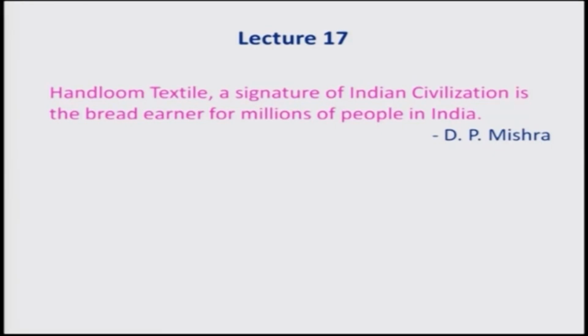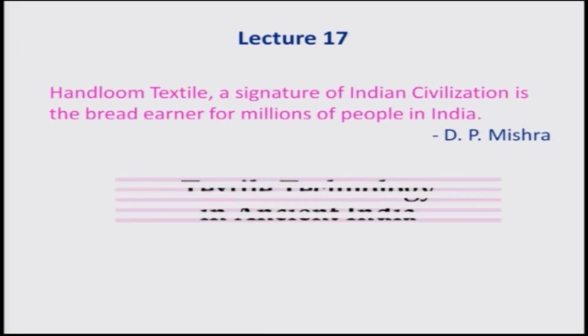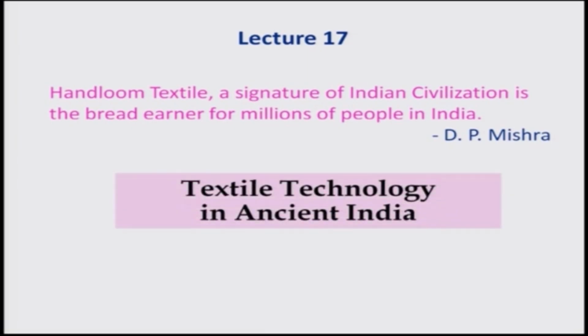Let us start this lecture with a thought process. Handloom textile, a signature of Indian civilization, is the bread earner for millions of people in India. Today, we will be discussing textile technology, particularly related to handloom in ancient India.